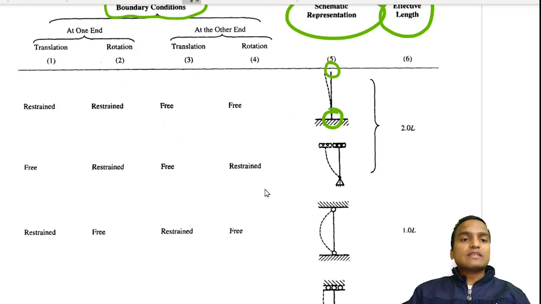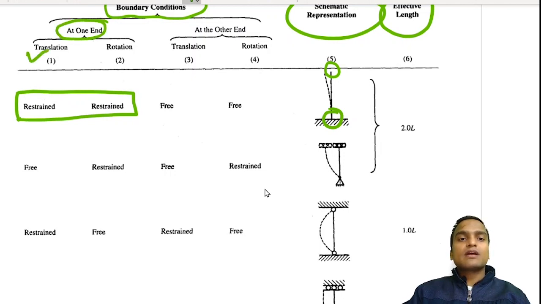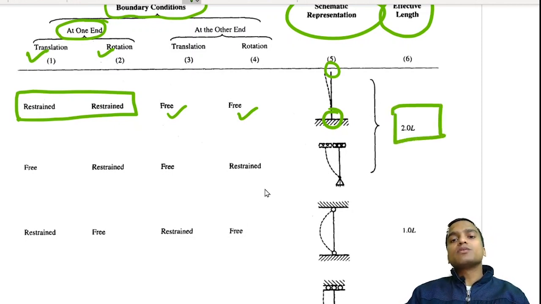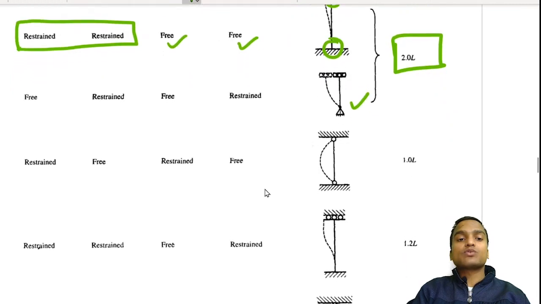What does it mean? At one end translation is restrained and rotation is restrained. At fixed supports, translation and rotation both are restrained, and at the other end both are free. In that case effective length will be equal to 2 times the actual length. Similarly in this case also it will be equal to 2 times the actual length.